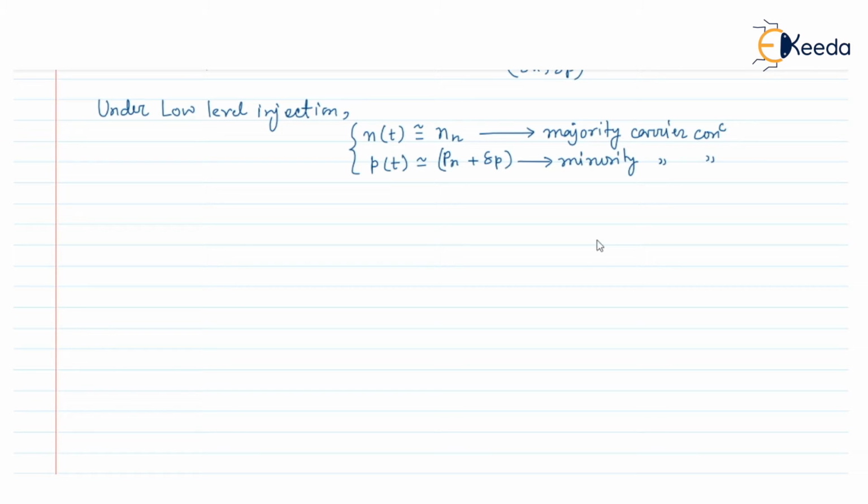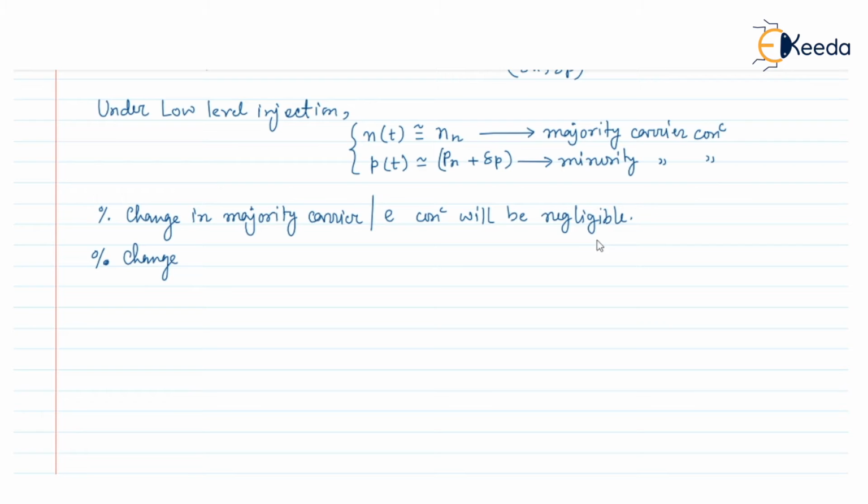The percentage change in the majority carrier, that is the electron concentration, will be negligible, but the percentage change in the minority carrier, that is the hole concentration, will be large.